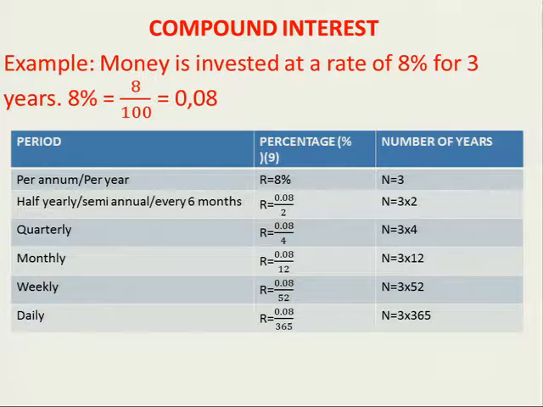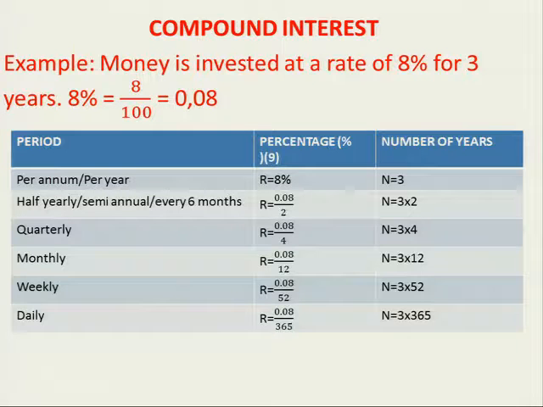So 8%, as we know, is 8 divided by 100, which is the same as 0.08. So if we invest this amount of money per annum or per year, our interest will stay as 8% and our number of years will stay as 3 years.